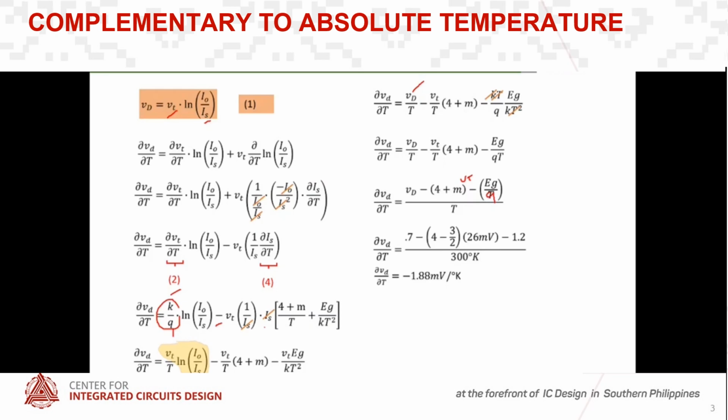So those could be factors that change this slope. That's it. We have just shown the relationship between the diode voltage and temperature, or the slope of the diode voltage with respect to temperature.